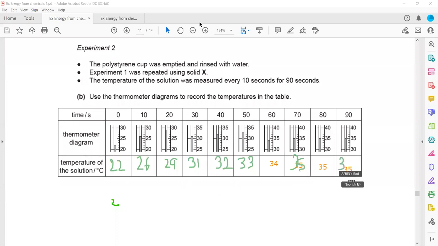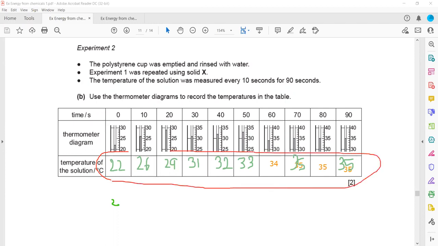So when we observe, the temperature reading started with 22 and it reaches 35.